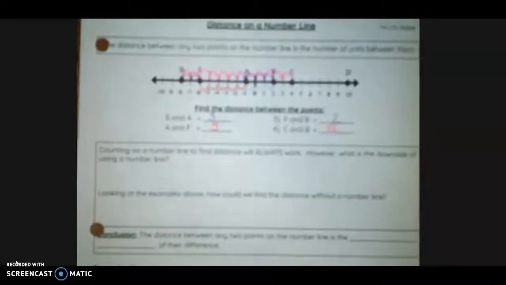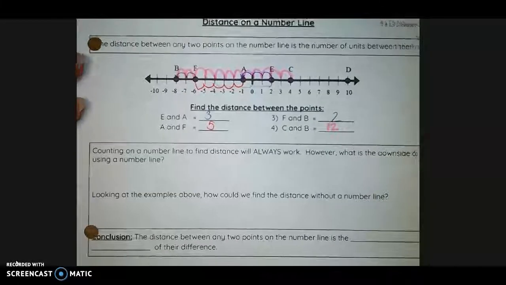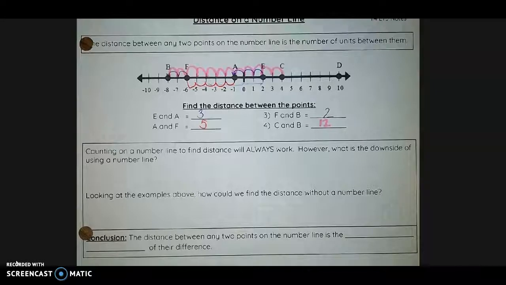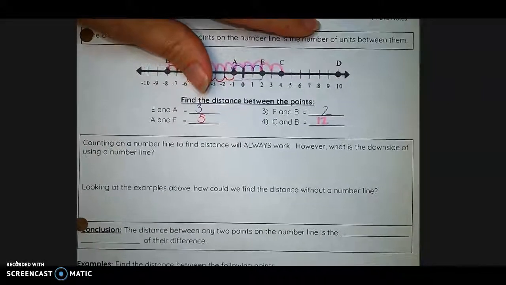So counting on the number line like that will always work. So if you can make yourself a number line and make sure that you've divided it up correctly, and we'll talk about that here in a second, you can always use the number line and count the hops. It will always work. However, what is the downside of using a number line? Well, sometimes you have big numbers, and that would be a massive number line.